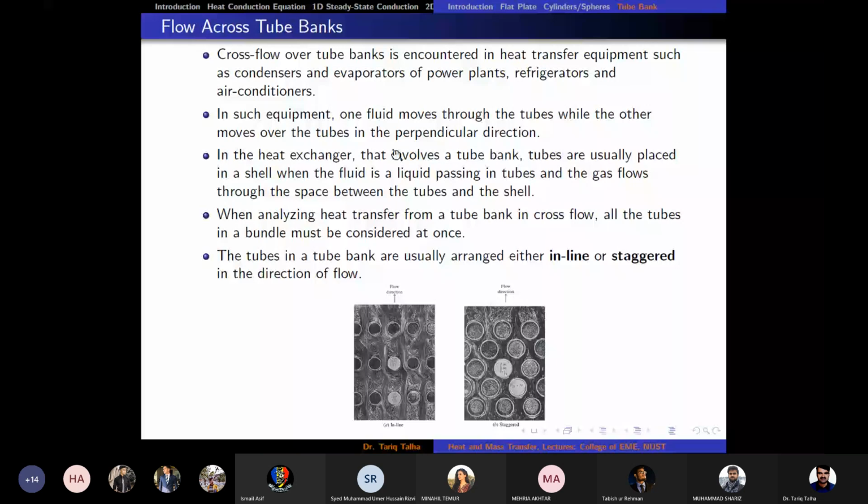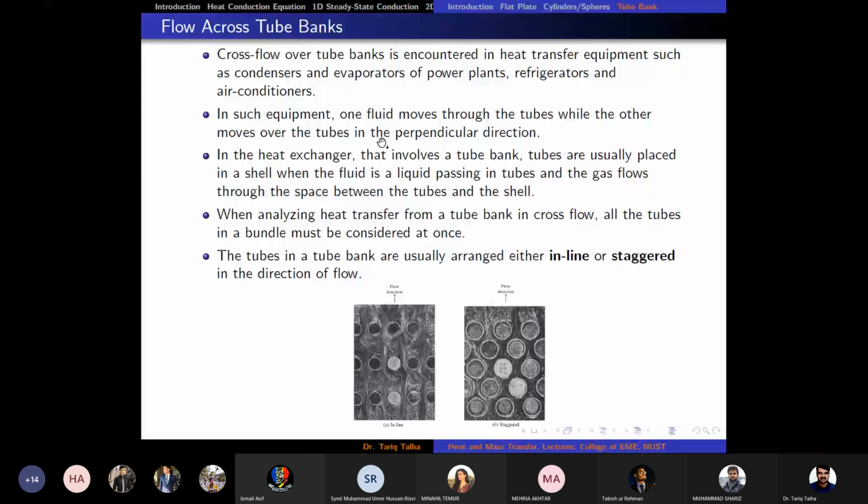These tube banks are quite frequently present in heat exchangers like condenser, evaporator of power plant, boilers, refrigerators, air conditioning. In such equipment, one fluid moves through the tubes and the other fluid moves over the tubes.